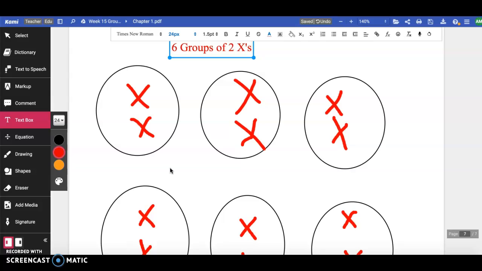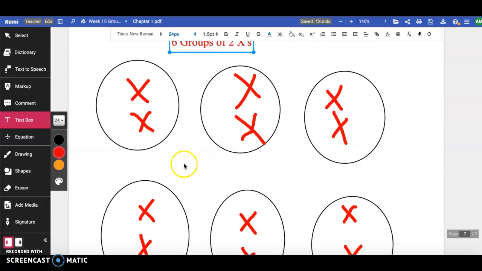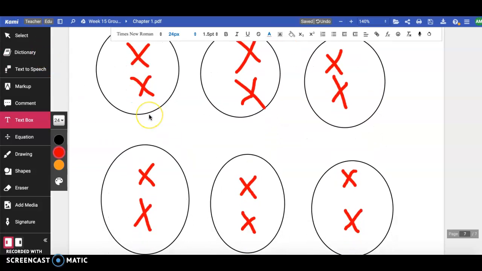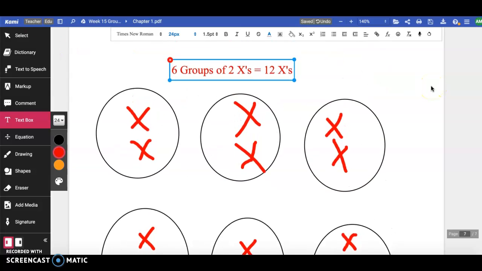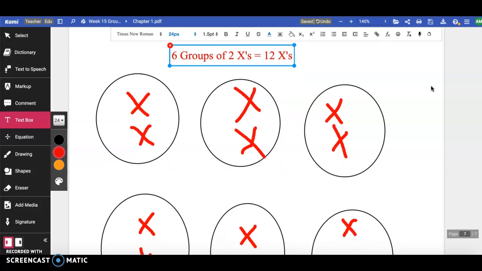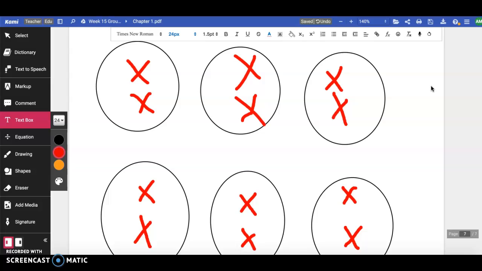Now, one more time, I want you to pause the video and share out how many X's you see in all. So sorry. If you see this now, go ahead and pause the video and share out. But yes, there are 6 groups of 2 X's, which gives you a total of 12 X's. So let's try this with repeated addition.